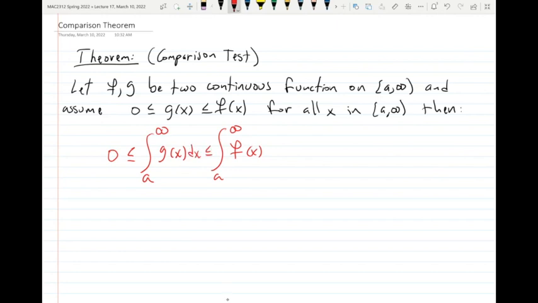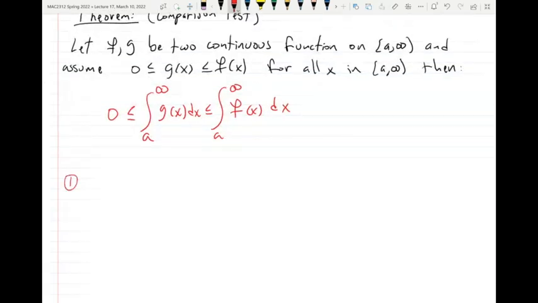Okay. And then because of this inequality, we have some deductions to make. So we can deduce that if the big one converges, then the small one must converge. Conversely, or equivalently, which would be the contrapositive statement, if the small one diverges, then the big one must diverge. Okay?